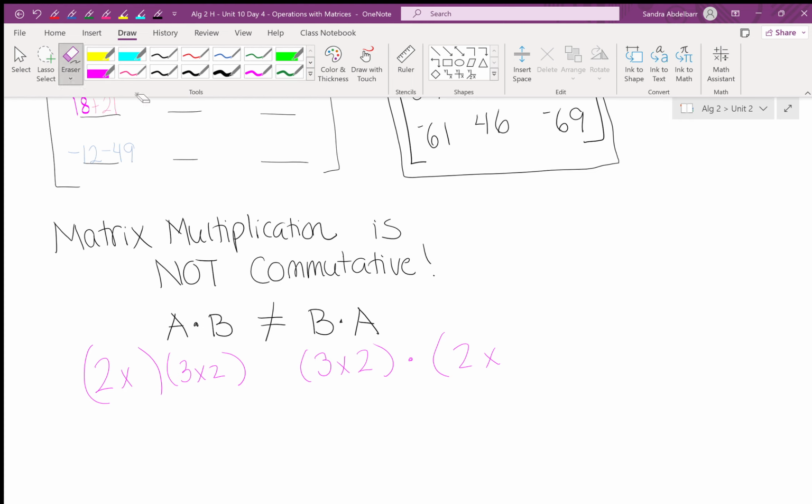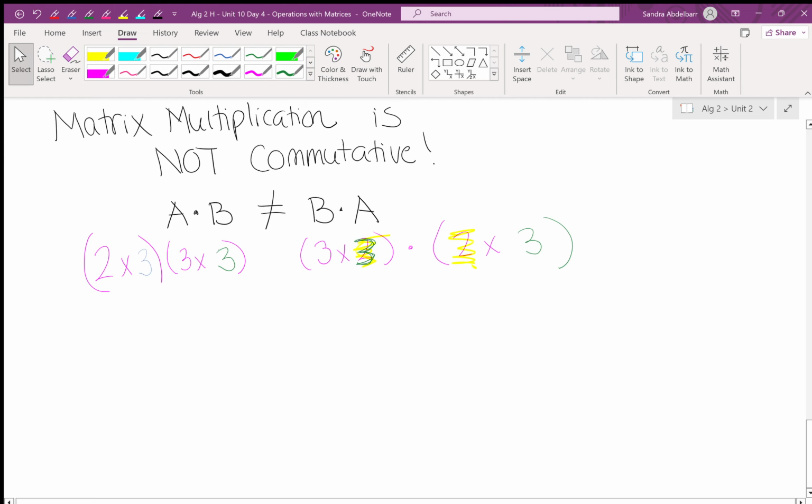I should have switched it, hold on. This is a 2 by 3, and then I'm going to make this a 3 by 3. There we go. Does that work? Yes. Okay. So if I have a 2 by 3 and then I switch it to a 3 by 3 times a 2 by 3, these are not the same, right? So it doesn't work. You cannot switch how you multiply things.